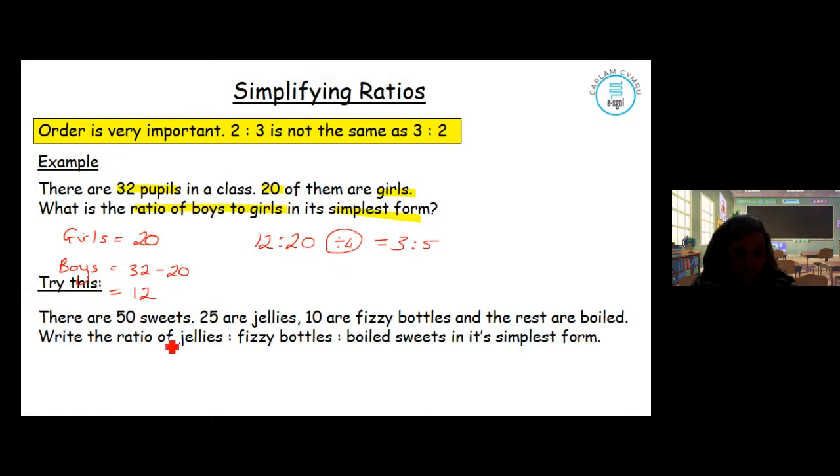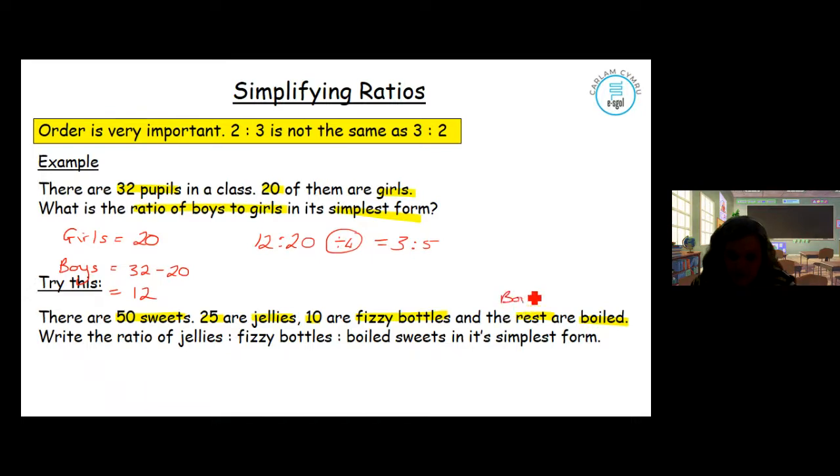Okay then, so we have 50 sweets in total. So let's just highlight the key information first. 50 sweets is the total, 25 are jellies, 10 are fizzy bottles. Now we're not actually told how many boiled there are, but we're just told the rest are boiled. So before I do anything with my ratio, I'm going to work out how many boiled sweets I have.